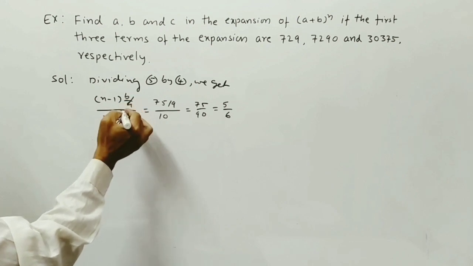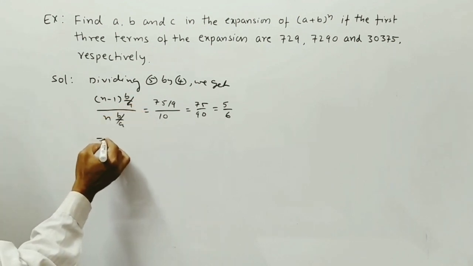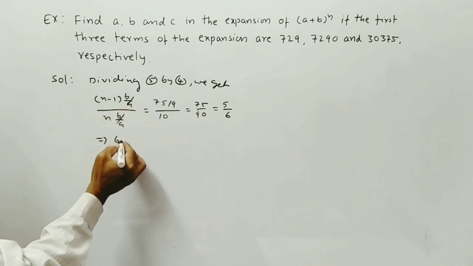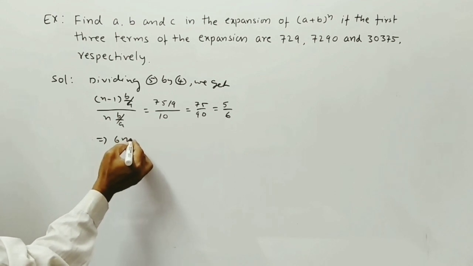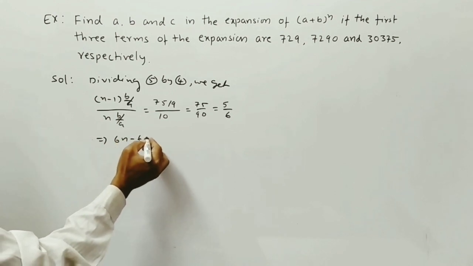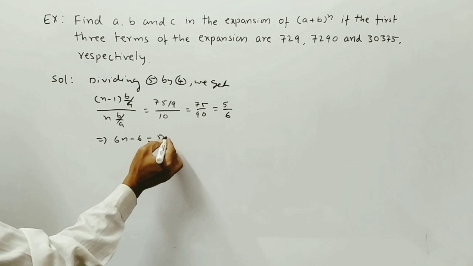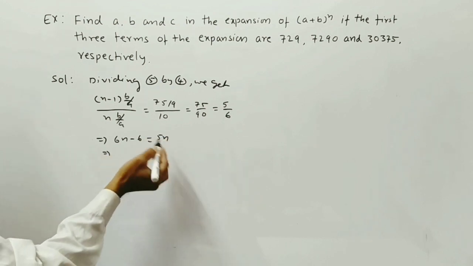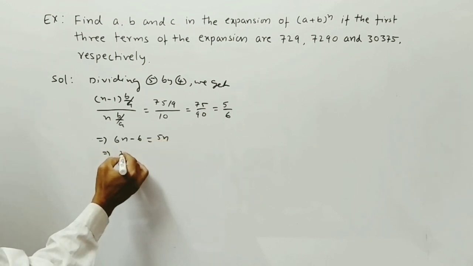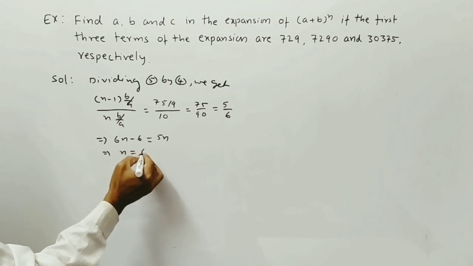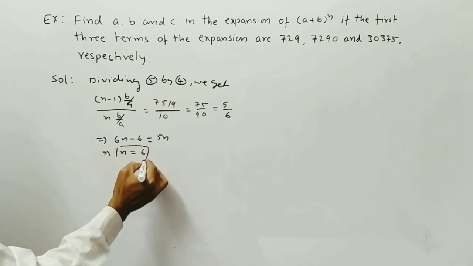B by A and B by A we can cancel. This implies 6n minus 6 is equal to 5n. This implies n is equal to 6.